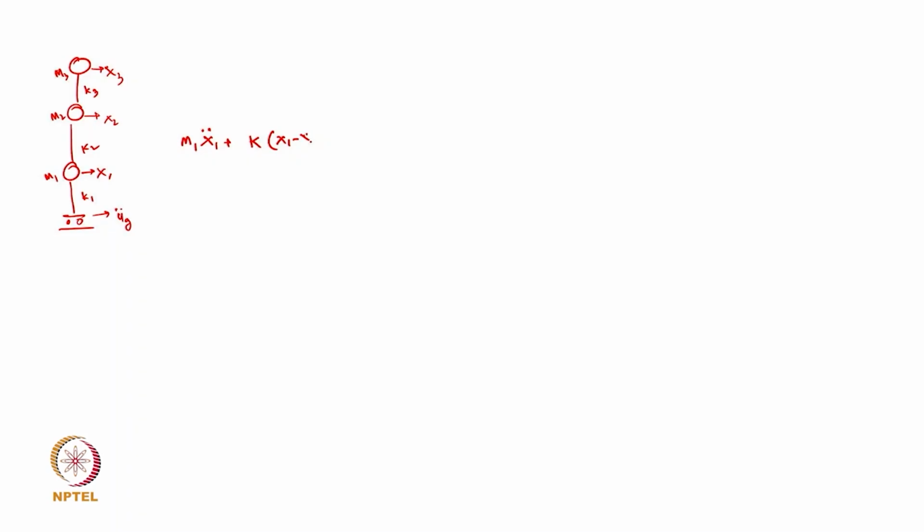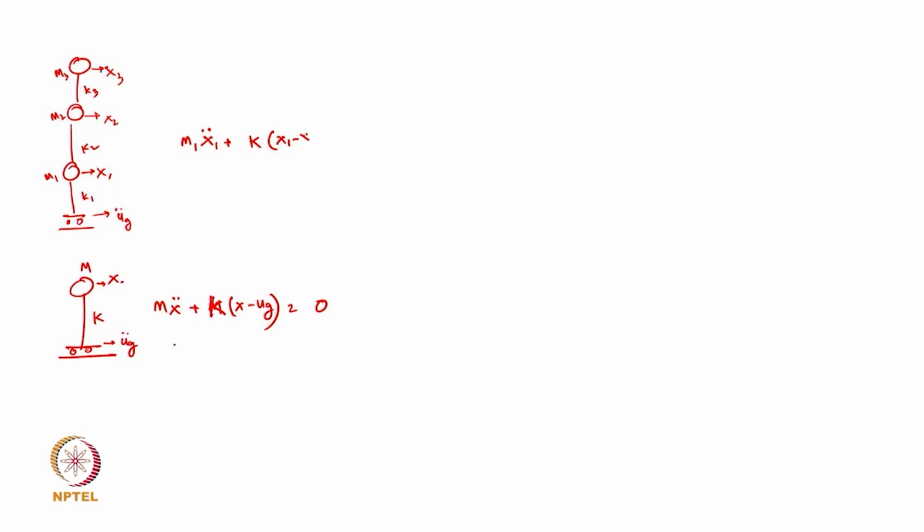One is, if you remember one of our discussions, for this case we have a single mass and we showed how the solution should be if it has some sort of ground displacement. So in that case m x double dot plus k into (x minus ug) is equal to 0, because we are having a base excitation.